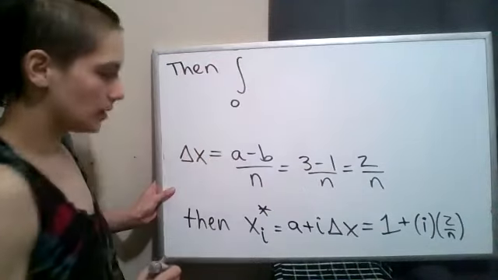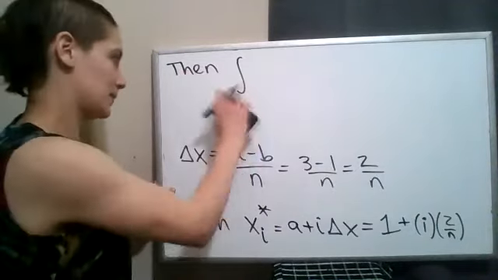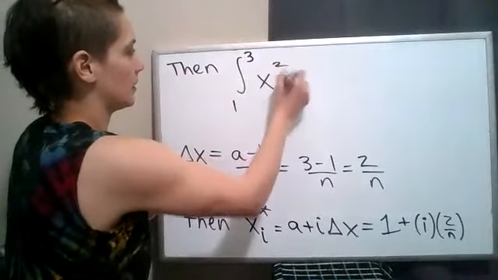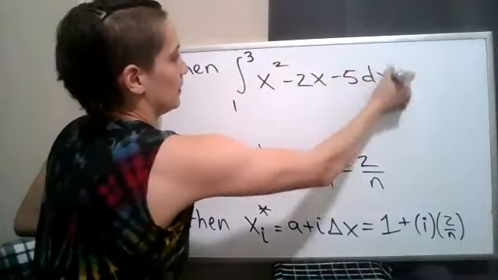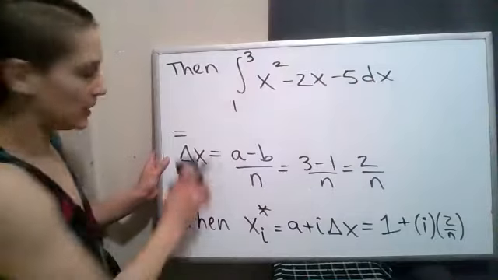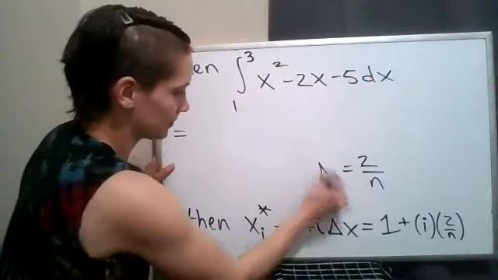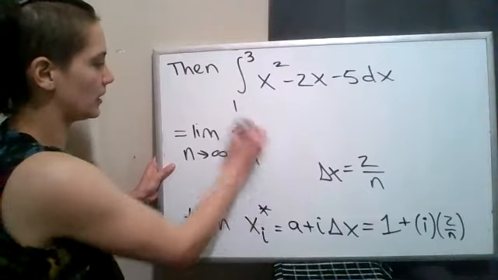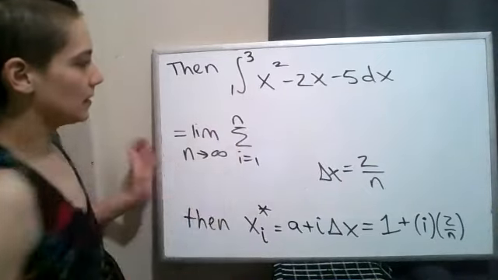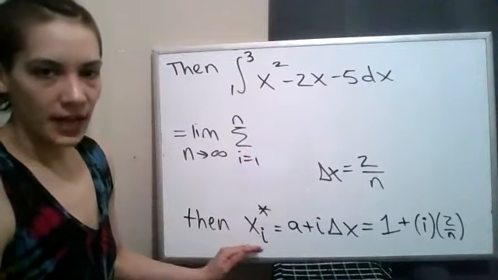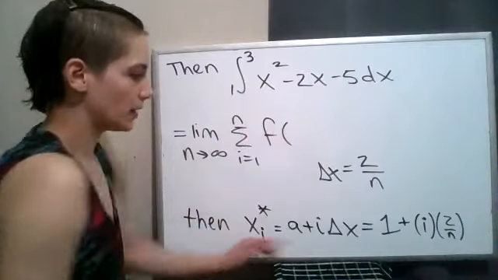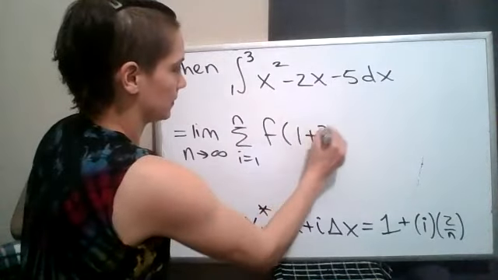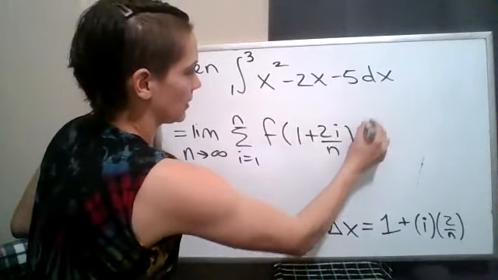The integral from 1 to 3 of x squared minus 2x minus 5 is the limit as n goes to infinity of the sum from i equals 1 up to n of f of x i star, f of 1 plus 2i over n, times delta x, which was 2 over n.